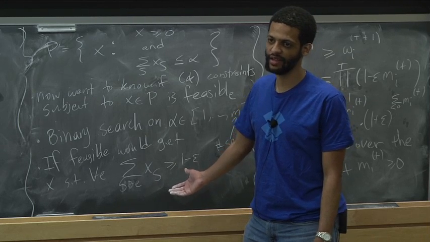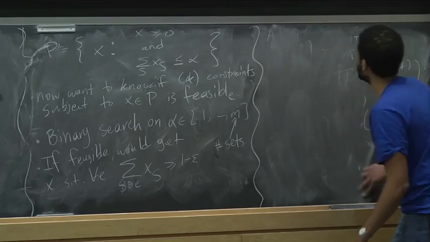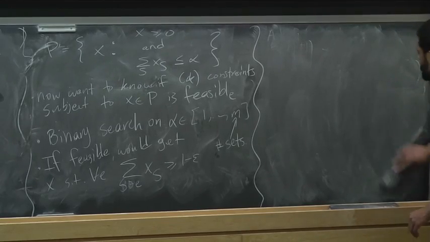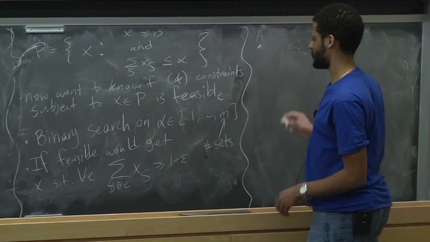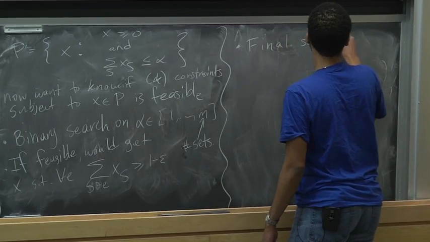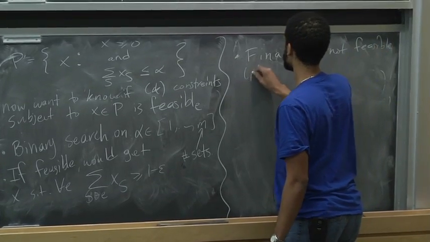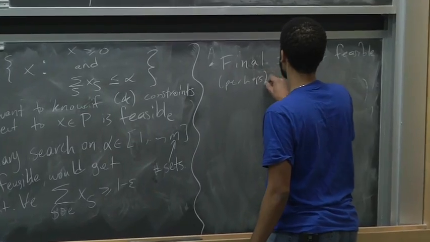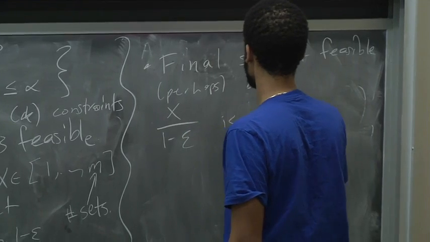Yeah, you just rescale, right? So the final solution is not feasible, perhaps, right? But x over 1 minus epsilon is feasible.